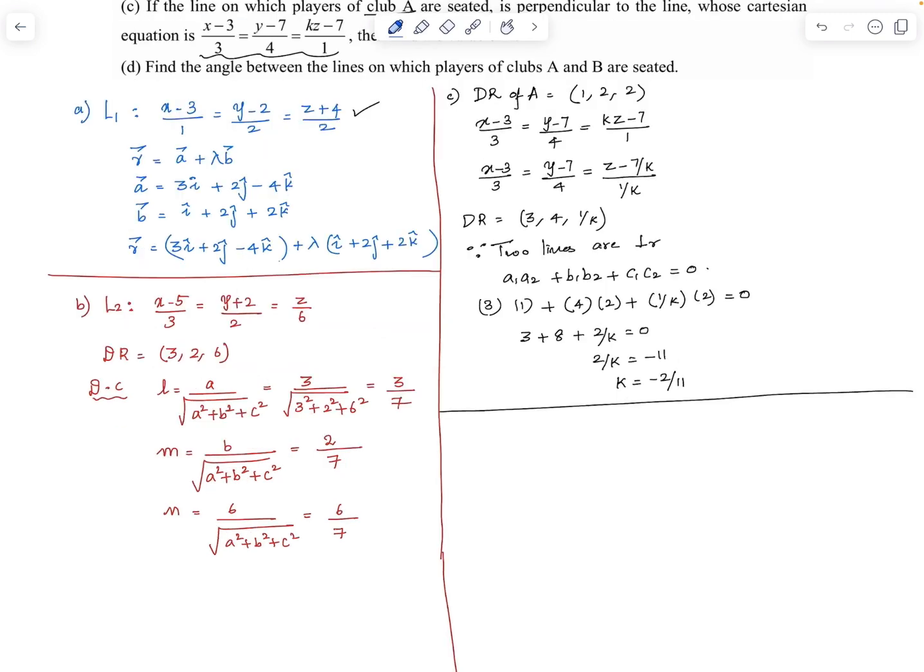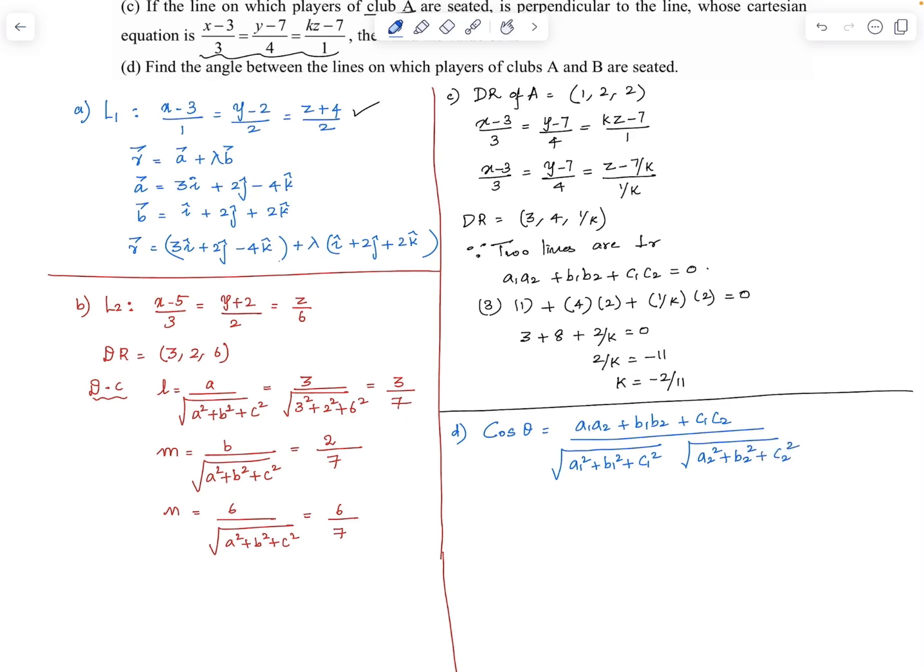Subdivision D. Find the angle between the lines on which the players of club A and B are seated. To get the angle, we use this formula. Cos theta is equal to a1 a2 plus b1 b2 plus c1 c2 divided by square root of a1 square plus b1 square plus c1 square into a2 square plus b2 square plus c2 square.